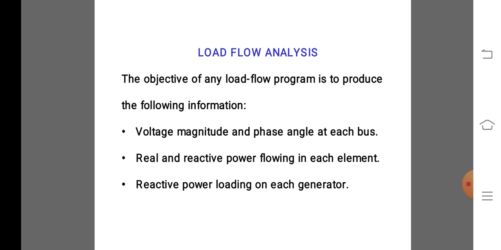That means the load factor always depends upon the generating equalization, with representation of load flow analysis.